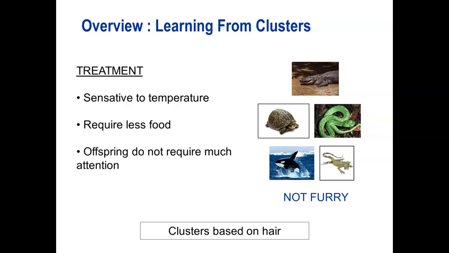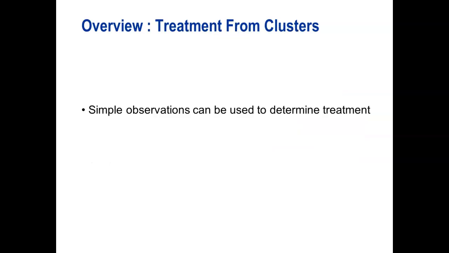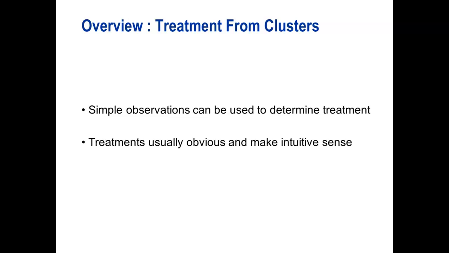And their babies don't need a lot of attention. Once a baby alligator is born, it goes off by itself. So again, simple observations can be used to determine the treatment. The treatment is usually obvious and it's going to make intuitive sense.